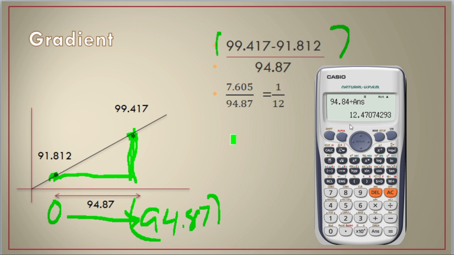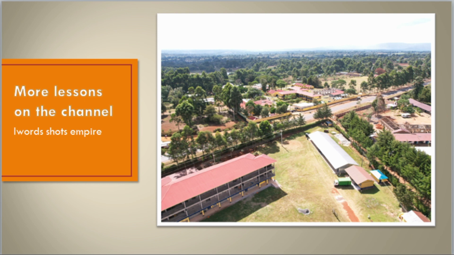That is the gradient, 1 into 12, or 1 in 12. So that solution was that simple. Remember that. So this question, they have that trick there. So this is the staff held normal to the line of sight that we were using.